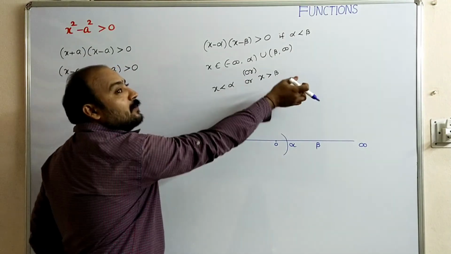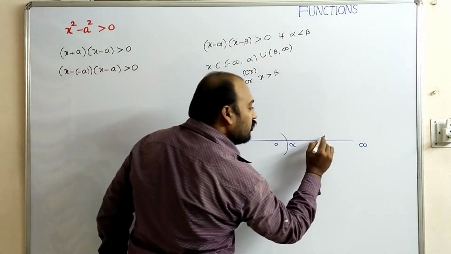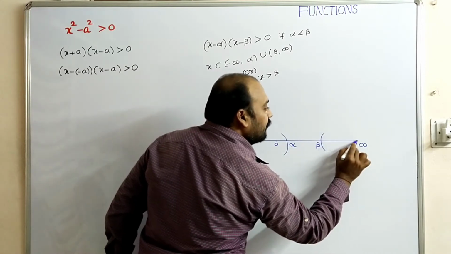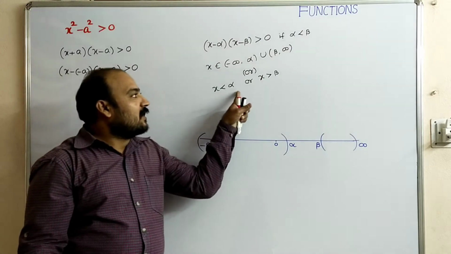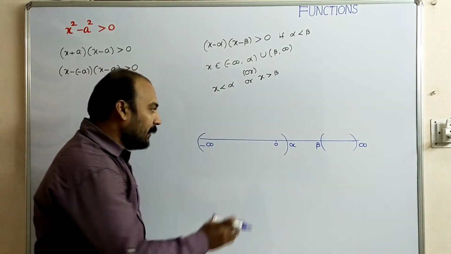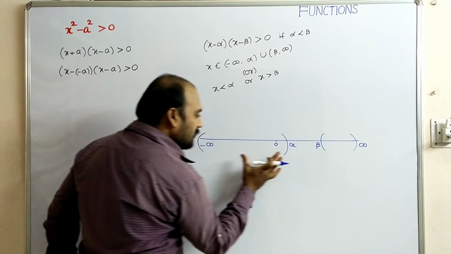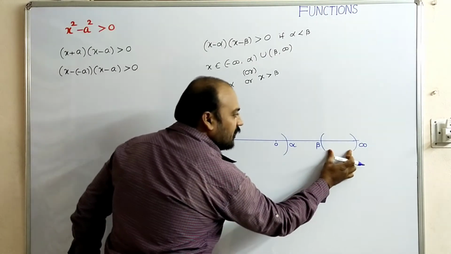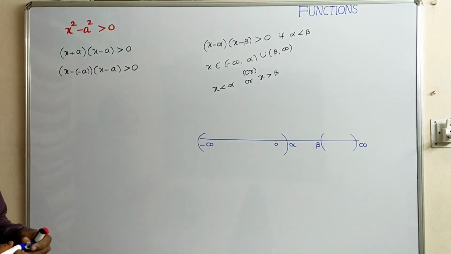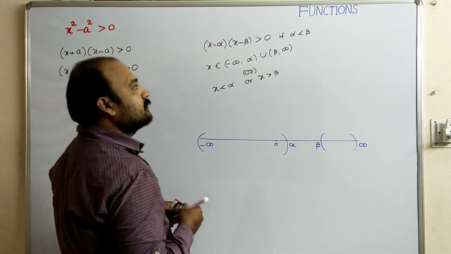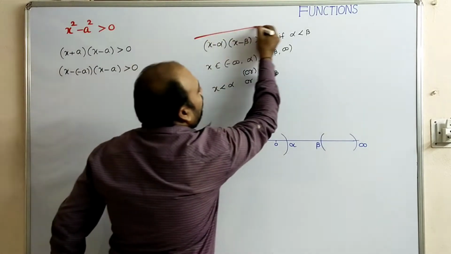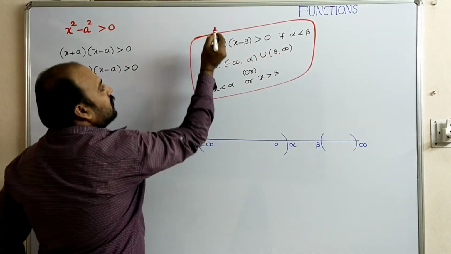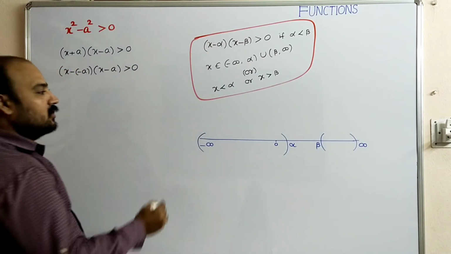And x is greater than beta, it should not be equal to beta, from beta to infinity. X is less than alpha or x is greater than beta means this region, from here to here, from here to here. We can represent it in the real number line. You remember that this is very important.